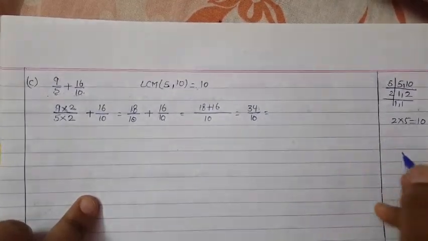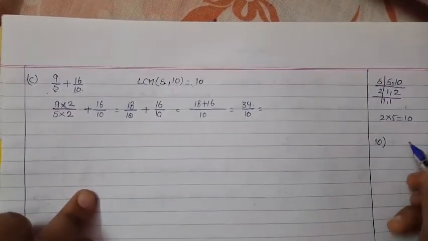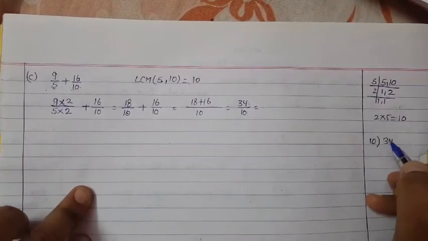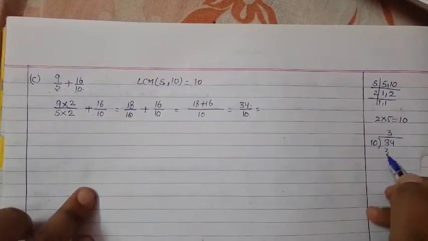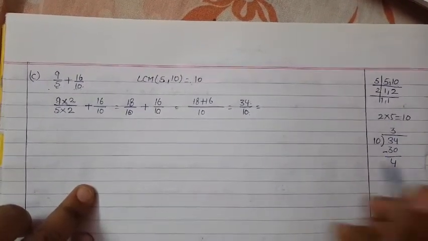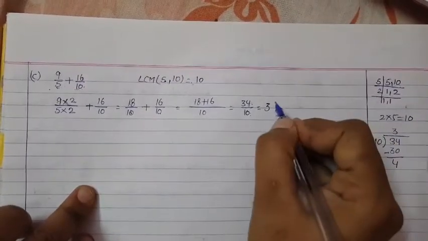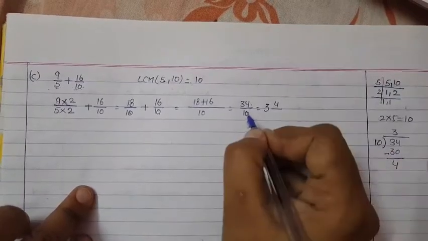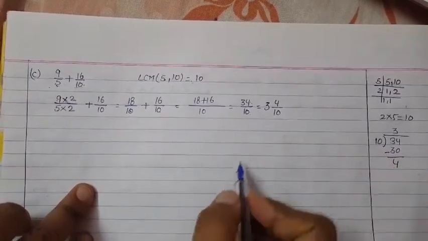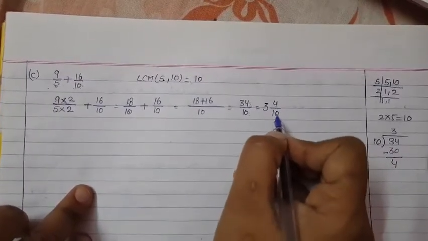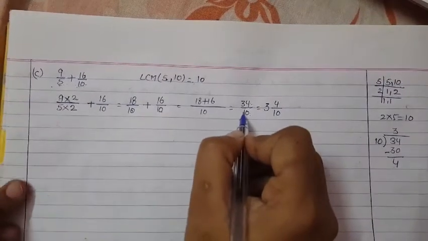The numerator is greater than the denominator, so we have to perform the division process. 10 3s are 30, remainder is 4. So first of all we write the quotient, that is 3, then the remainder in the numerator, 4, and then the denominator as it is. Okay, so 3 4 upon 10 will be the mixed fraction of this improper fraction.